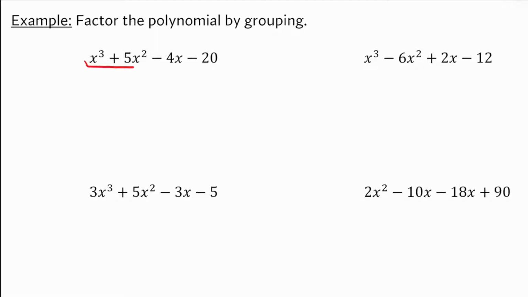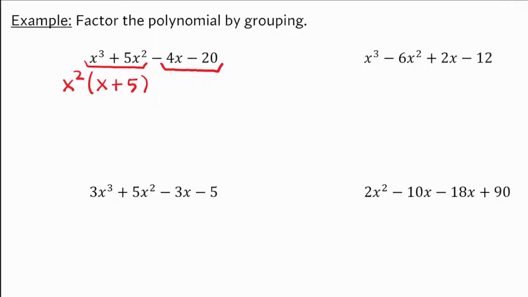So I say to myself, okay, what's common to these first 2 terms, the x to the 3 and the 5x to the 2? There's no common number, so I'm just going to factor out 2 copies of x. I've got at least 2 x's in each of those expressions. And what am I left with? An x and a plus 5. Then I look at the second 2 and ask what's common to these 2?